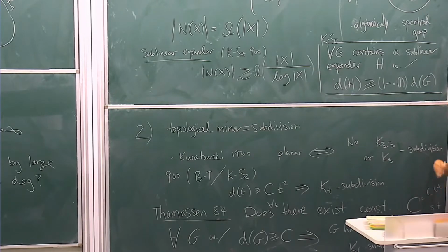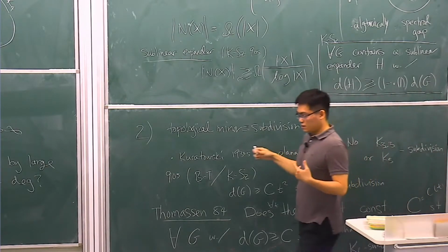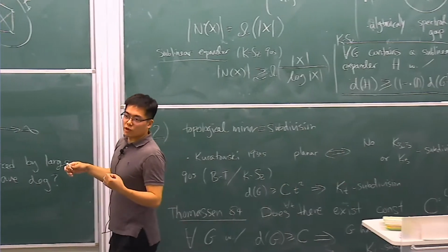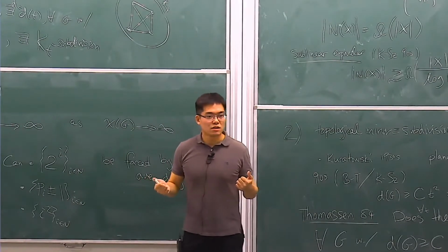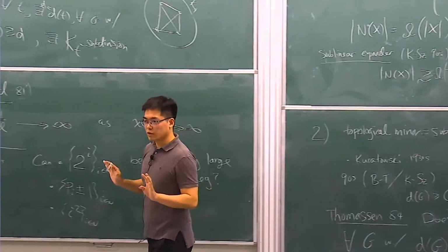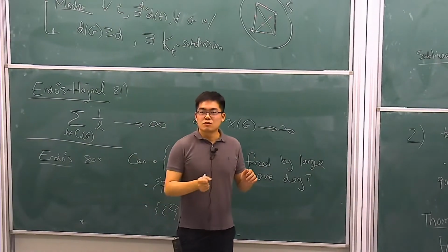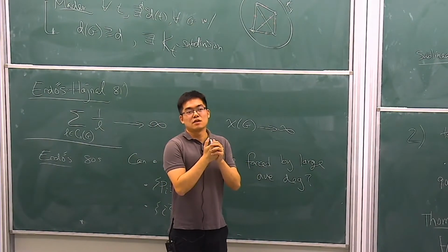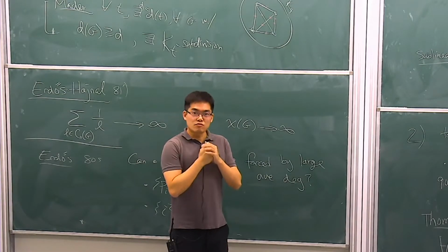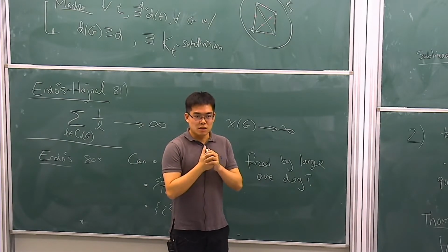So what does that mean? Look at the two types of problems we're looking at. What we're given to begin with is the average degree, and we don't really care about constant factors. So when we're given this type of problem, saying that you have a graph with average degree so and so, can you force some structure?